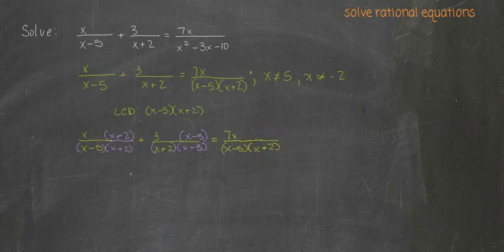Now, if I were to multiply both sides by the actual lowest common denominator, I would be able to cancel all of my denominators. So I would multiply this side of the equation by x minus 5 times x plus 2, totally legal as long as I multiply the other side, right?